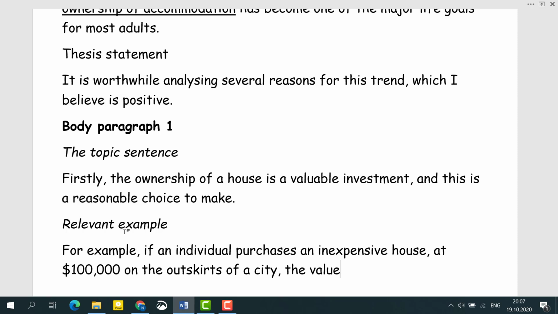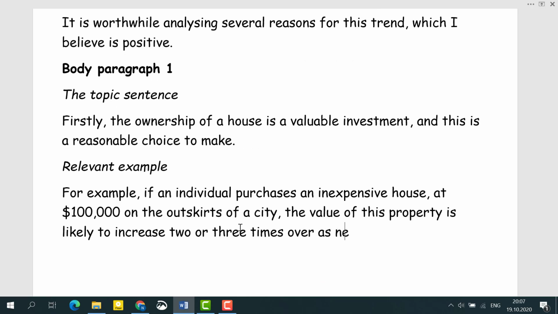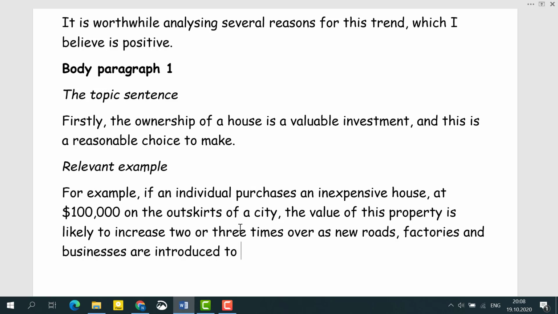Next, the value of this property is likely to increase 2 or 3 times over as, and then I have to explain why, as new roads, let's say new roads, and then we can also say factories and businesses are introduced to the area.